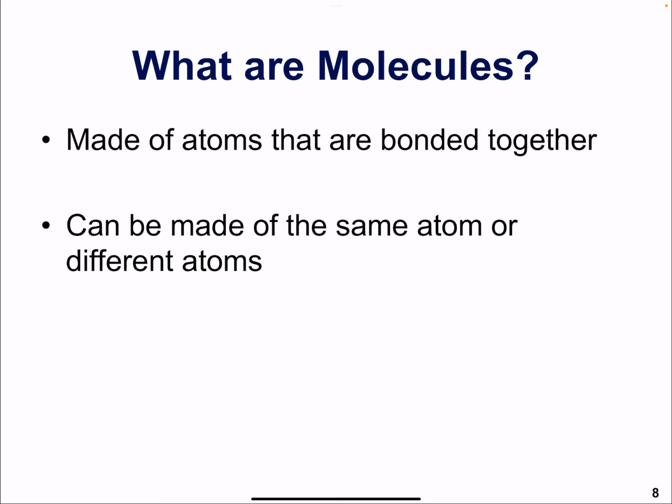However, these molecules can also form from different atoms. For instance, an oxygen atom can interact with hydrogen atoms so that you are going to have water. And whenever molecules form out of different kinds of atoms, that molecule is called a compound.